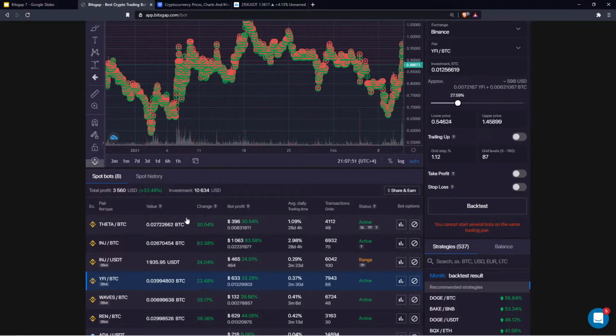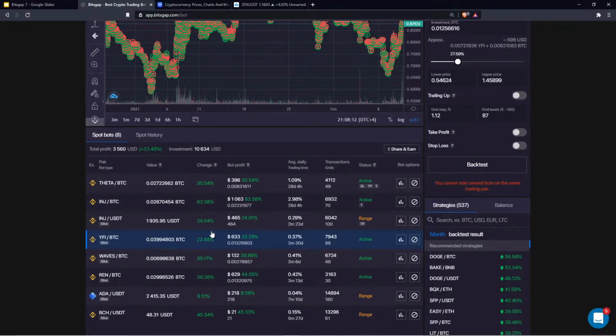So that's why you see here the bot generated returns, but after that point over here it started to fall, and that's why the investment change is lower than the bot profit generated. So once again, that's the key metric for you to monitor. As far as it's in the positive area, as far as it's green, you are doing fine here, okay? In case it's in the red zone, then you have 5 exit strategies to consider.